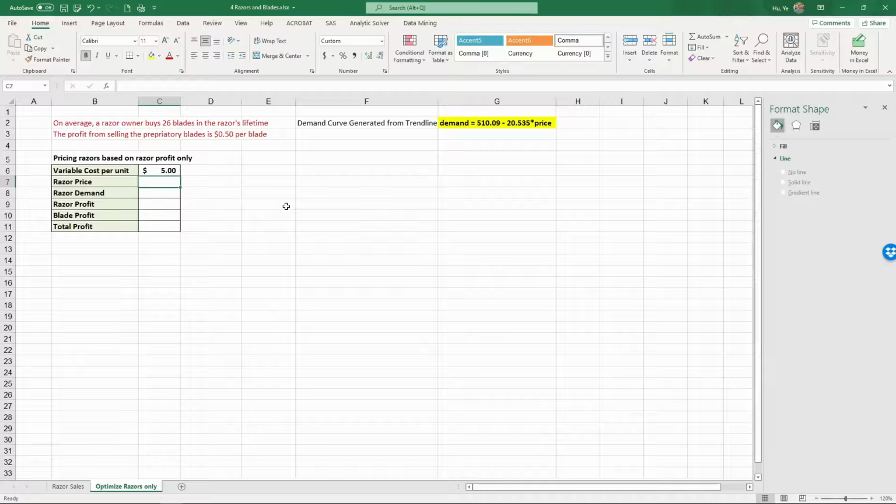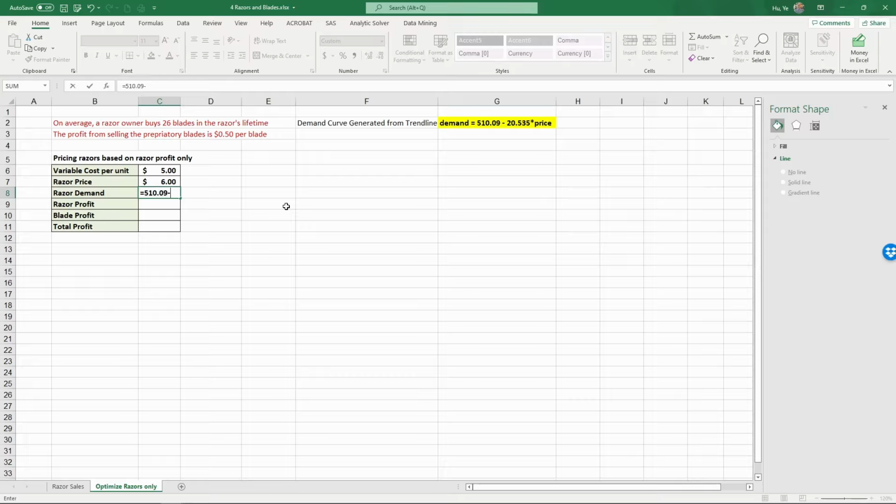So for now, we don't know the razor price, so we can put in any dollar value. Let's say we put in $6, because it has to be larger than the variable cost, otherwise it makes no sense.